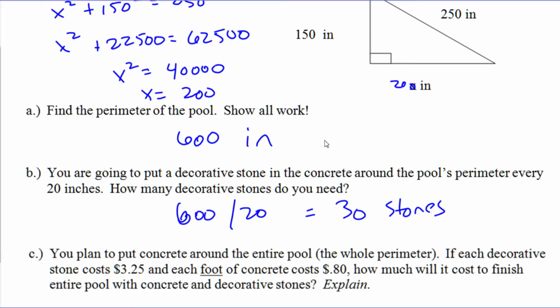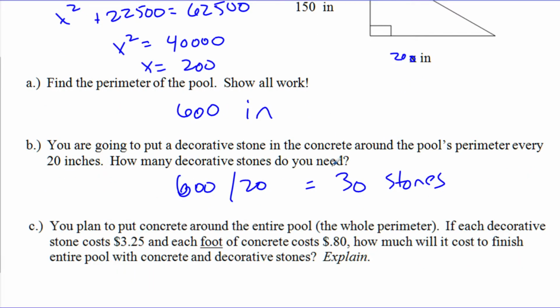Okay, and then it says you plan to put concrete around the pool. Each decorative stone's $3.25, and each foot of concrete around the edge is going to be 80 cents. Right, so we got to be careful with the concrete, since it's priced per foot. We have 600 inches, so I'm going to do 600 divided by 12, so we can find the total number of feet, okay?